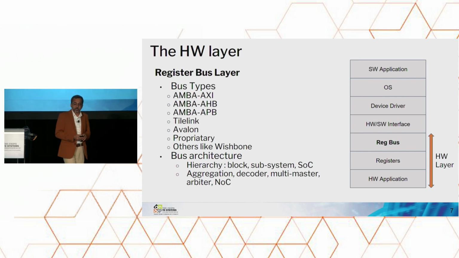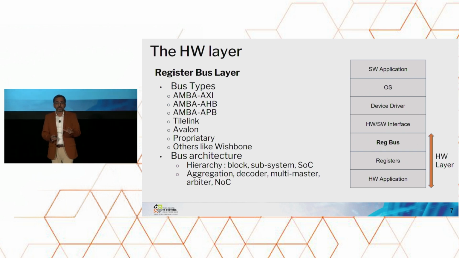The register bus layer is really any register bus like AMBA, AXI, AHB, APB, TileLink, Avalon, or proprietary. Systems have a wide variety of these buses, and you could have different bus architectures, different layouts, different blocks inside blocks, and a deep hierarchy.